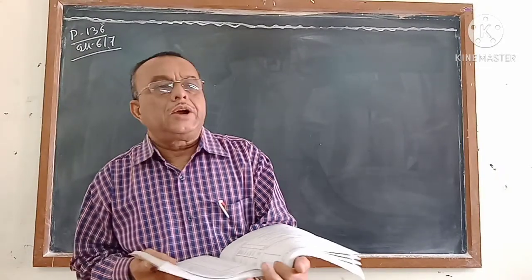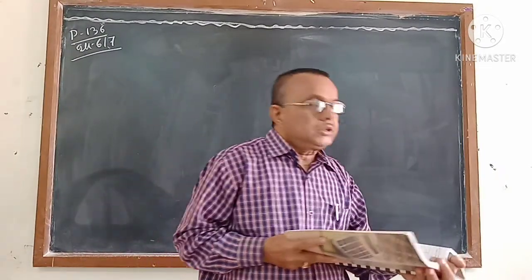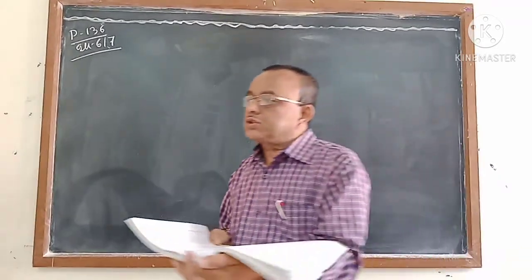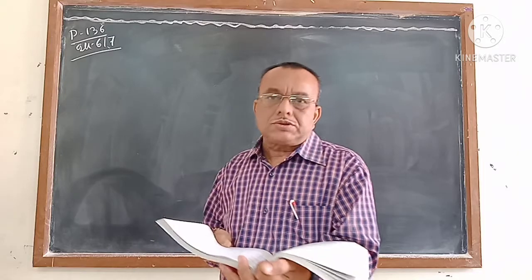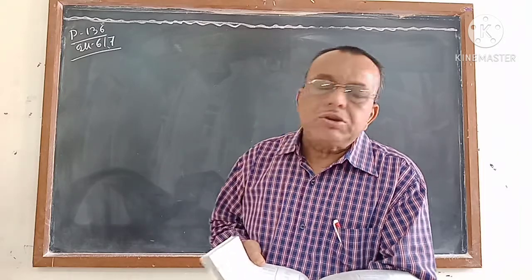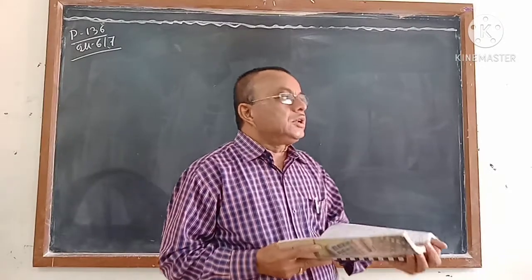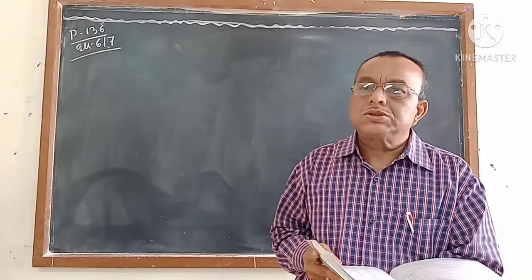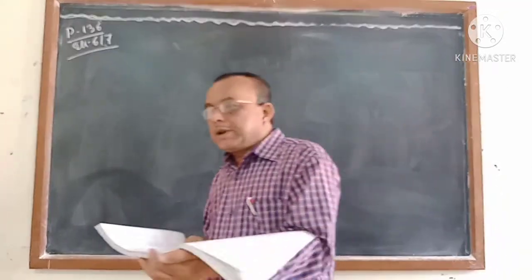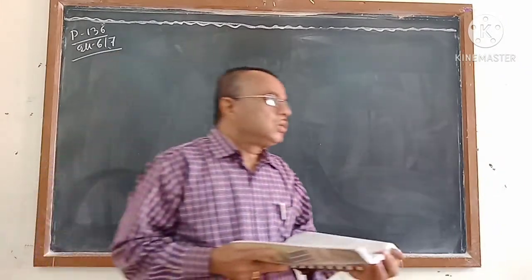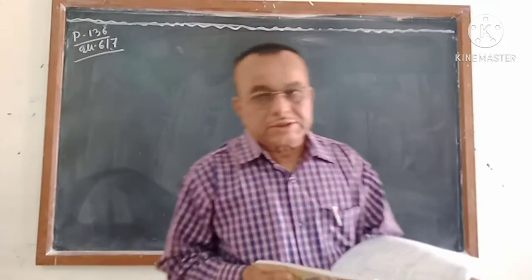Before that, I already told you, when you read the question, at that time you will take a decision: the items or the balances, whatever is given, all these balances are related to the balance sheet. If it is a balance sheet, then is it related to the liability side or the asset side?